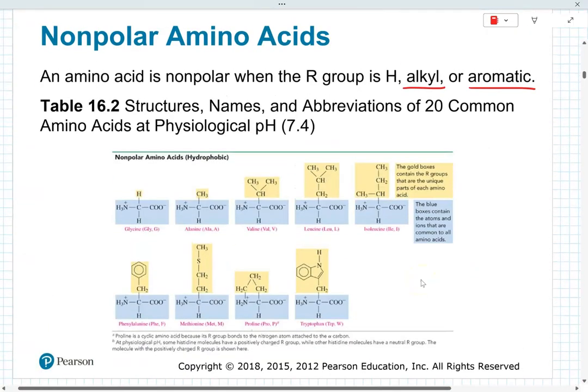In nonpolar amino acids, you really don't have a lot of functional groups. The only one that I can legitimately identify is the thioether, but it's kind of an oddball. Other than that, it's carbons and hydrogens. We don't count this nitrogen of the tryptophan because it kind of acts like carbon.